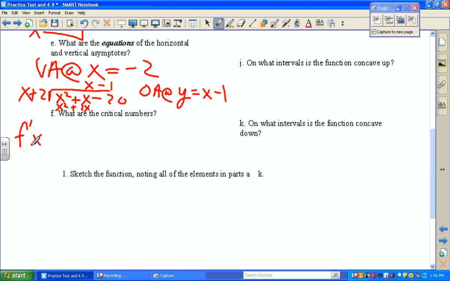F prime of x equals, trying to fit in this space isn't very fun. I'm writing twice as big as you guys are, though.